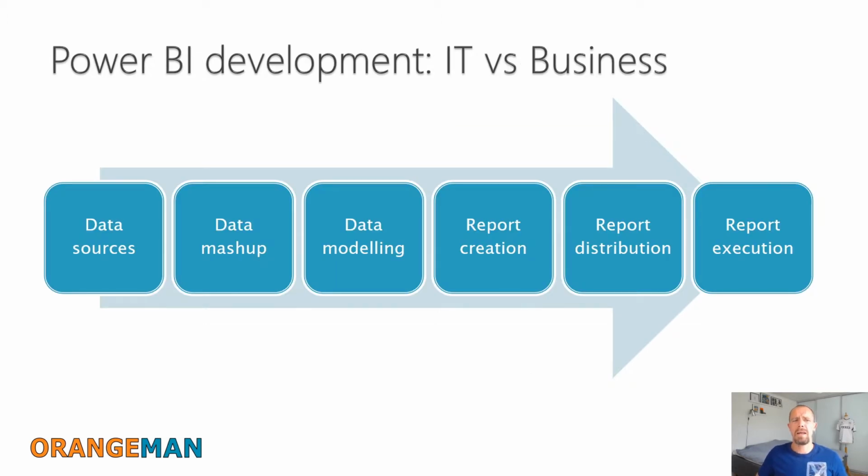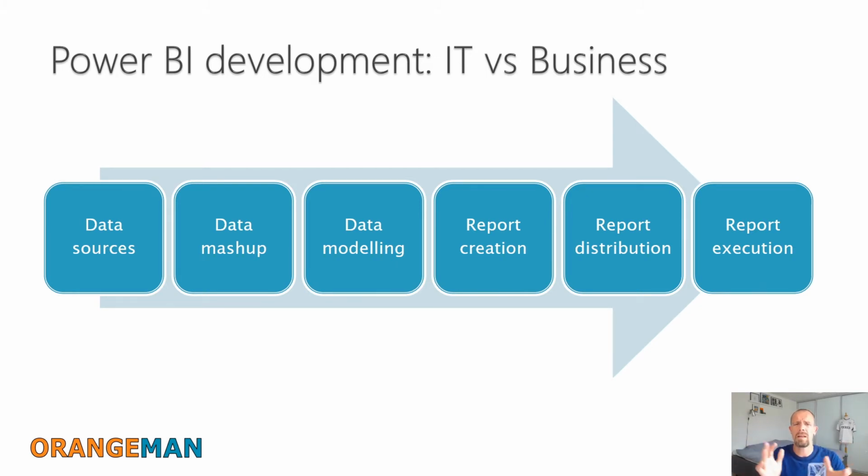Power BI development, IT versus business. When we are talking about building a Power BI solution, we have different phases you have to go through. On the one hand, we have the data sources that are part of a BI solution. It could be a CSV file, Excel file, web page, or a database, or a combination of a lot of different data sources. And on the other hand, we have the execution of the reports.